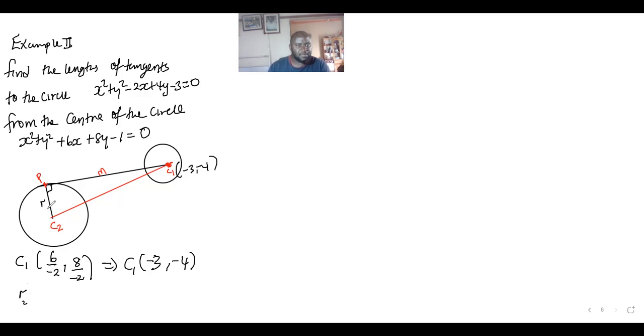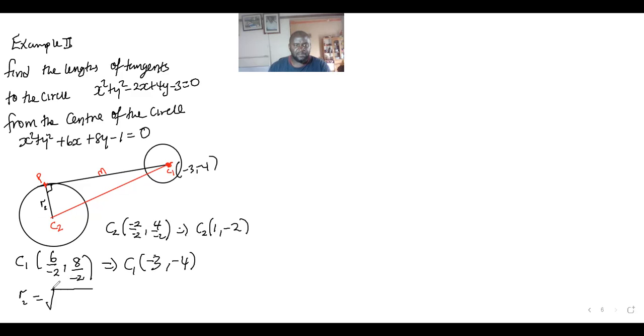Radius R2, let me call it R2, is supposed to be got from the square root. Oh, but I also need to get the center of circle 2. The center of circle 2 is going to be -2 divided by -2, 4 divided by -2. This will give me C2 as 1, -2.